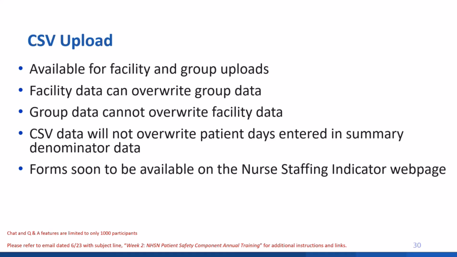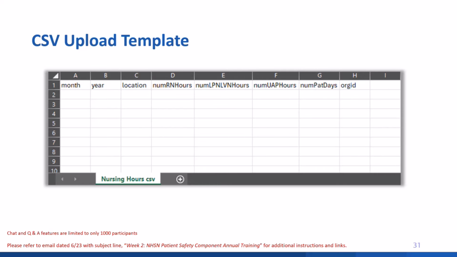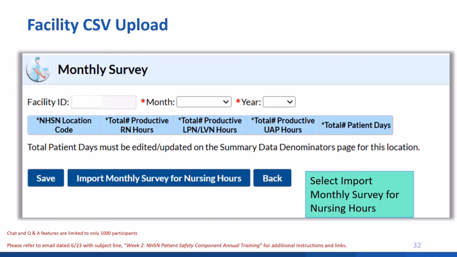The forms for CSV upload, as of this morning, are not quite on the website yet, but it should be there any day now. This is what the template looks like, pretty self-explanatory. For CSV upload, there's a separate section in NHSN that gives you a lot of information about that, if you've never done CSV upload and you want to get more information about it.